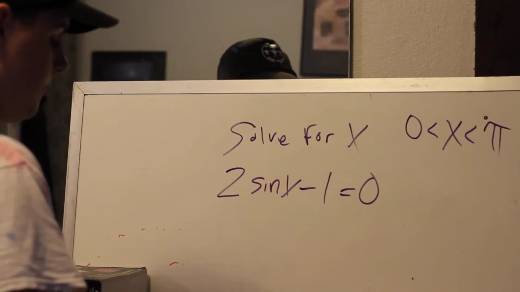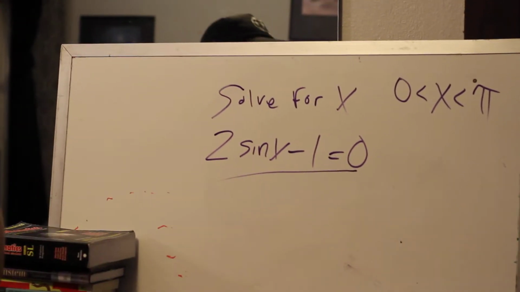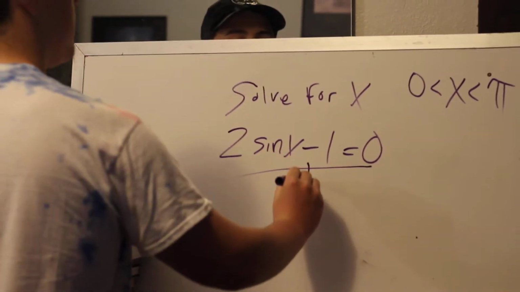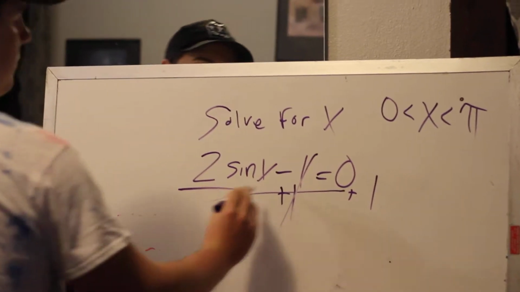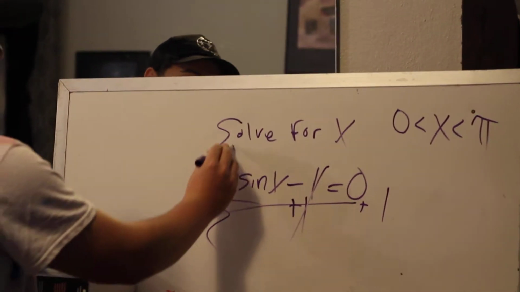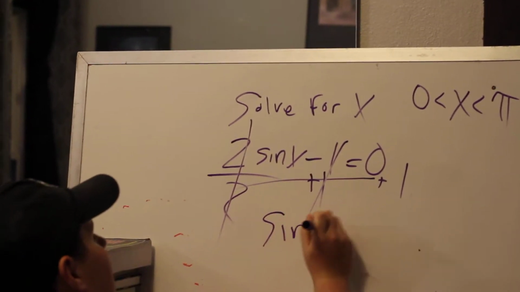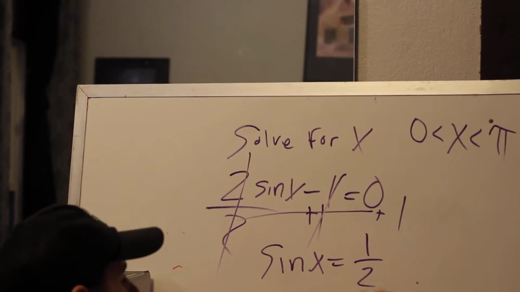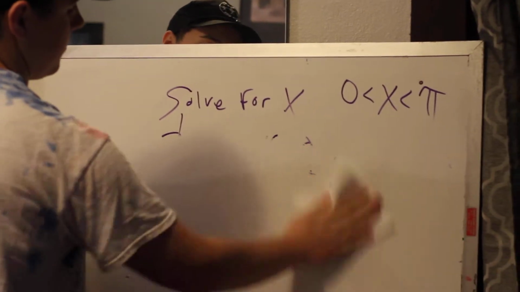Step number 1: let's isolate our sine x. First we add 1 to both sides, then divide by 2. So now what we have is sine of x equals 1 over 2. Isn't that right?